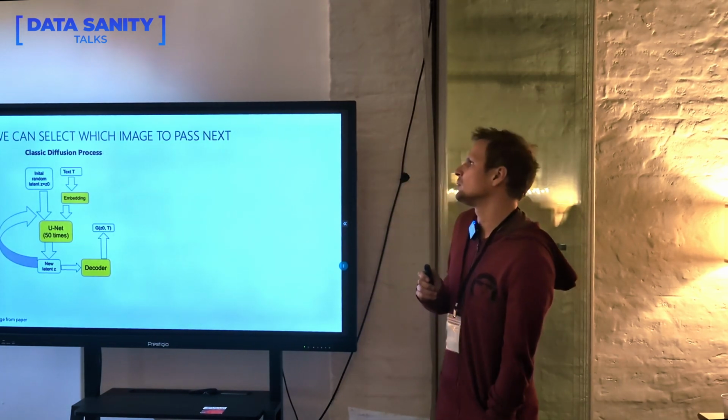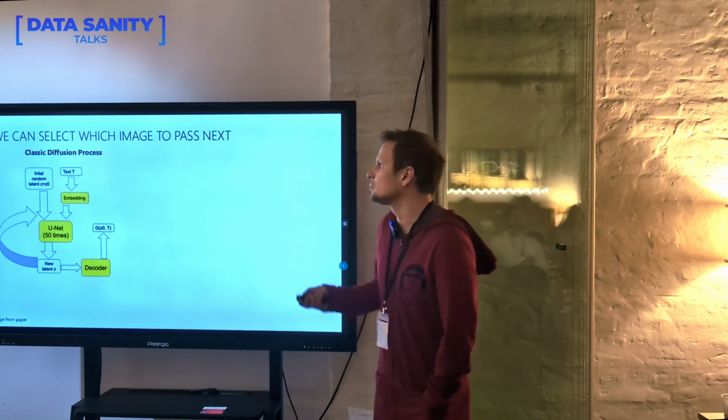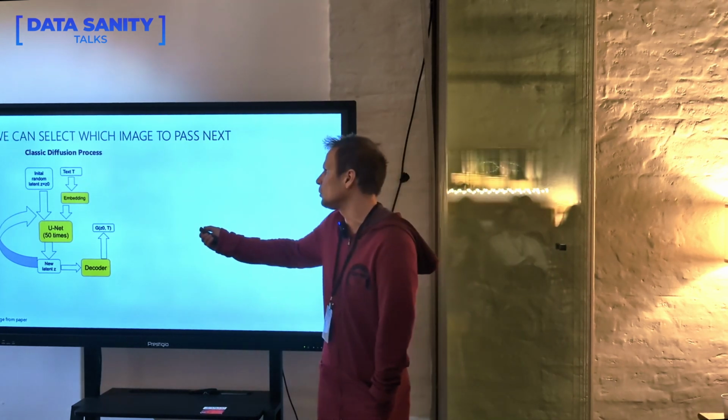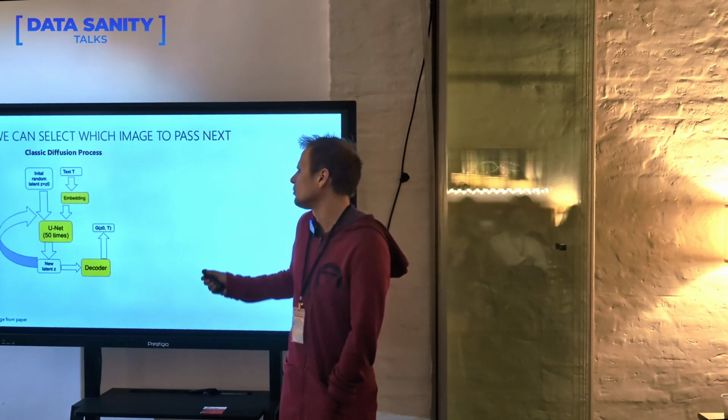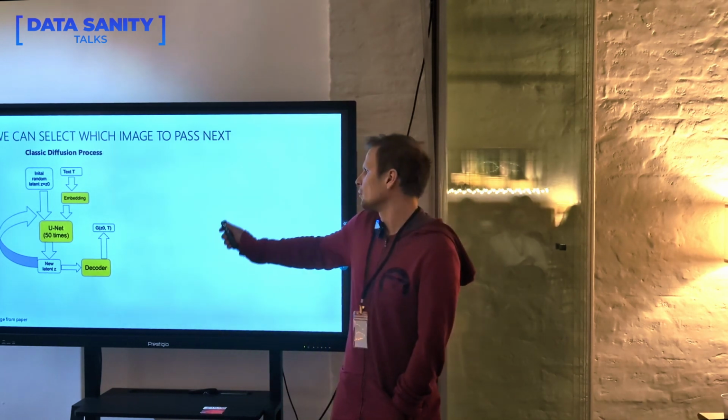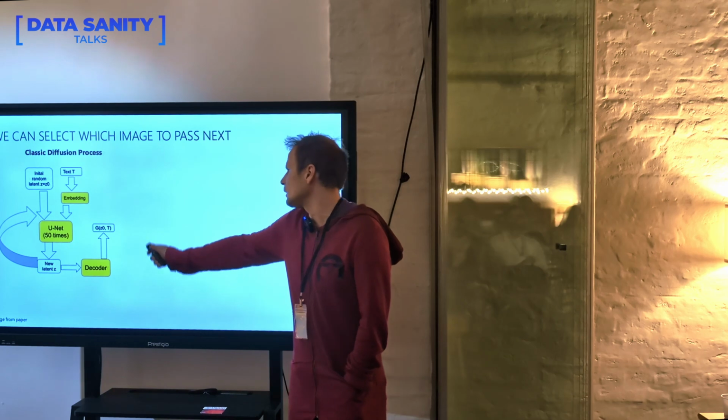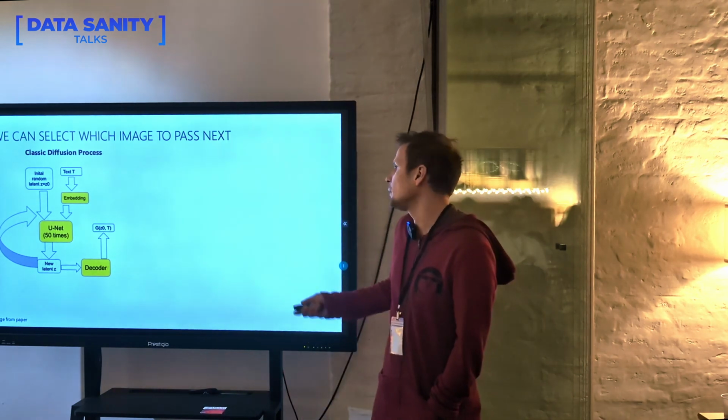So the last, as I mentioned, about the algorithm, how it works. It's a classic diffusion process. As I mentioned, it runs the UNet roughly 50 times, creating a new latent space based on that, then decoding to normal pixel space.